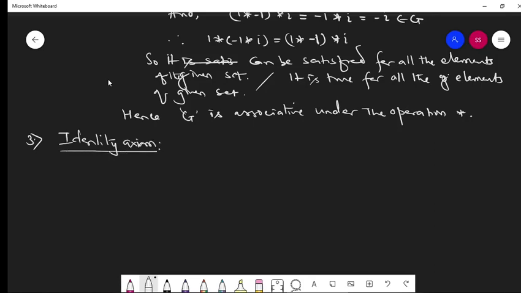For the identity axiom, we suppose let E be the identity element.